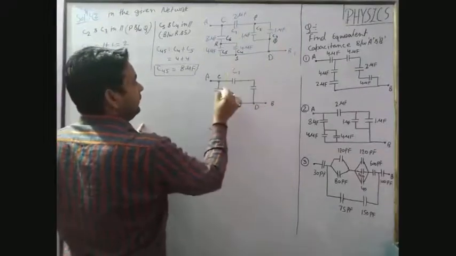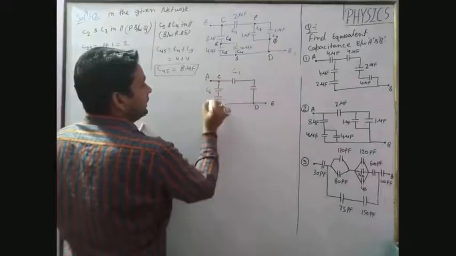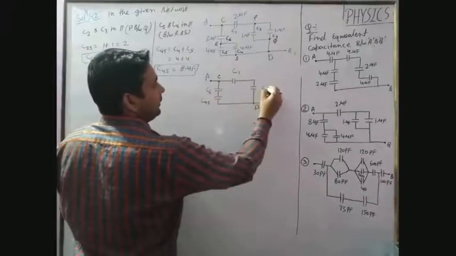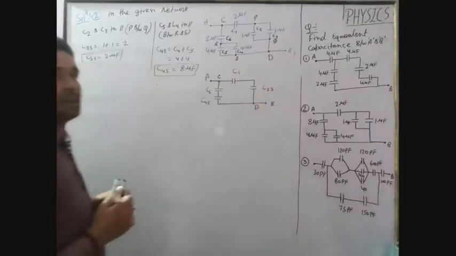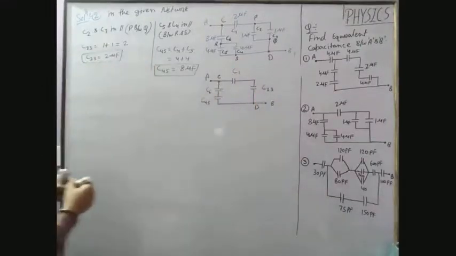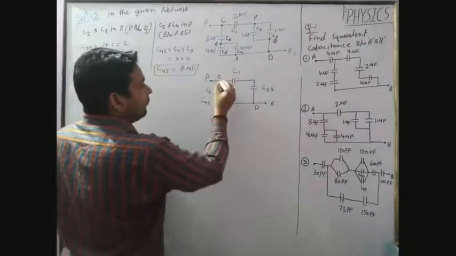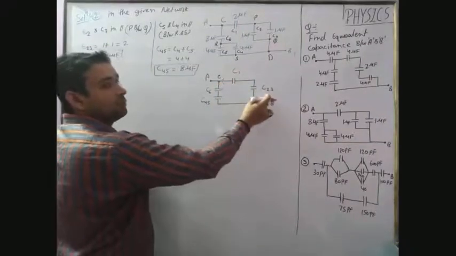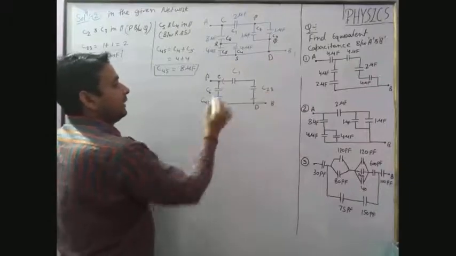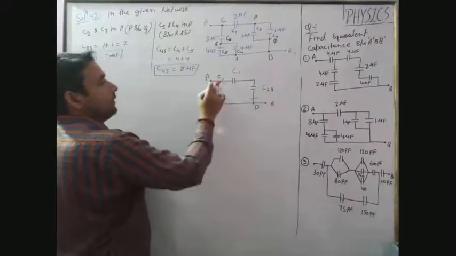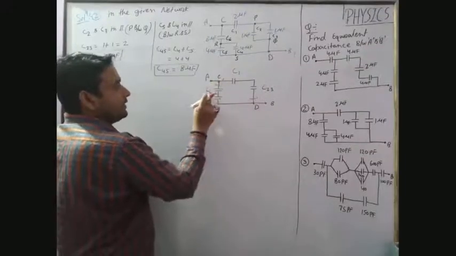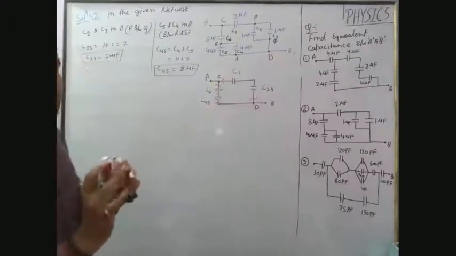This is C1, this is C6, this we calculate as C45, and this we have C23. Clear? Now you can very easily find that from this to this, C1 and C23 are in series, and from this to this, C6 and C45 are in parallel.